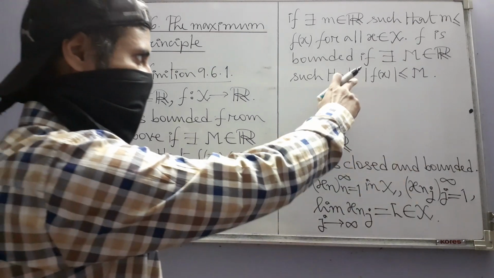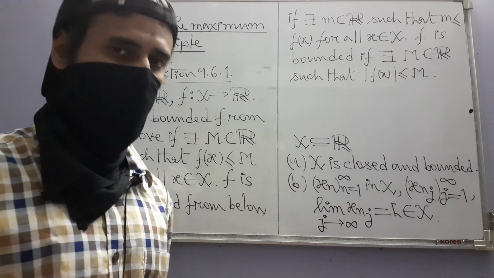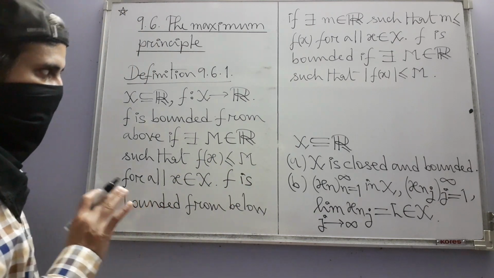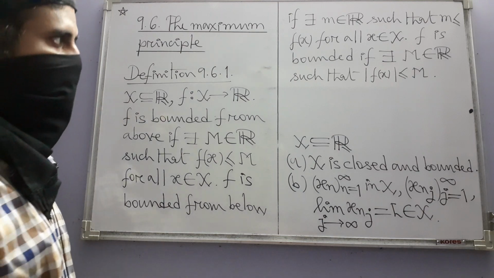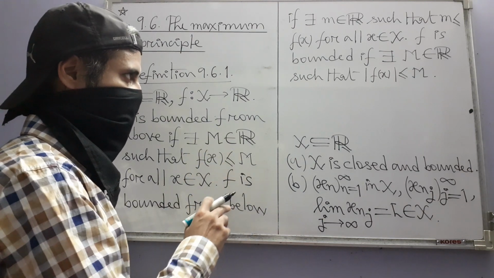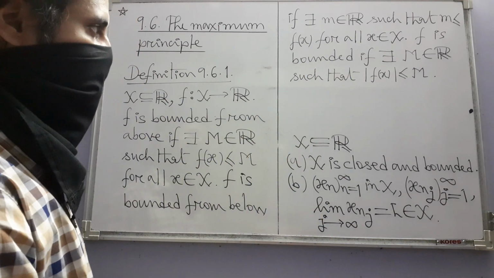You can, of course, say that it is bounded from below by some positive real number, but nothing like that has been defined. So this is what the first definition has. Two types of boundedness, from above, from below, and one which is just simply boundedness.